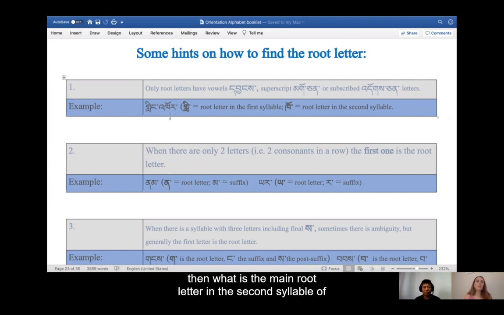The main root letter in the second syllable of this word is the one that possesses the naro, the o sound vowel. So ka, naro, ko. So here in this example, it is pretty self-explanatory. It's nice that we have the vowels themselves, so that's really clear.